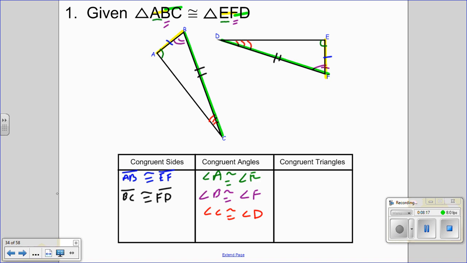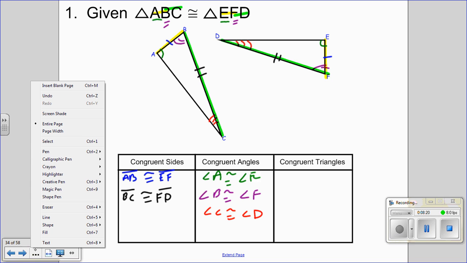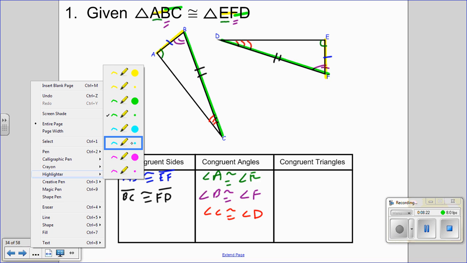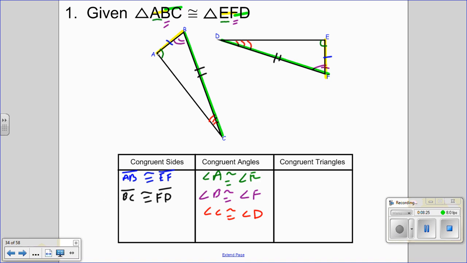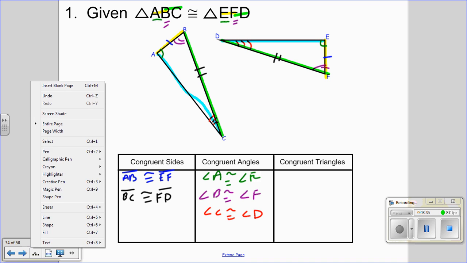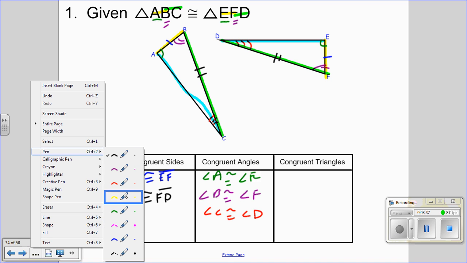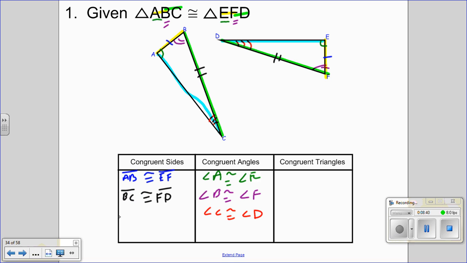And lastly, you have AC is congruent with ED. So it would get 3 tallies. AC congruent to ED. So 1, 2, 3, 1, 2, 3.